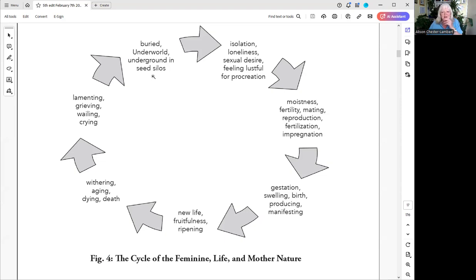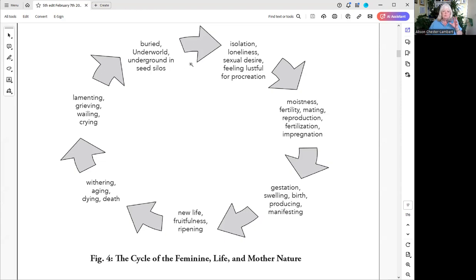Say we take corn: the corn has withered and died, and we're left with a corn cob. That seed is put into underground silos, or in some way something is buried, a body is buried, but it goes into the underworld, it goes underground, and perhaps into seed silos.